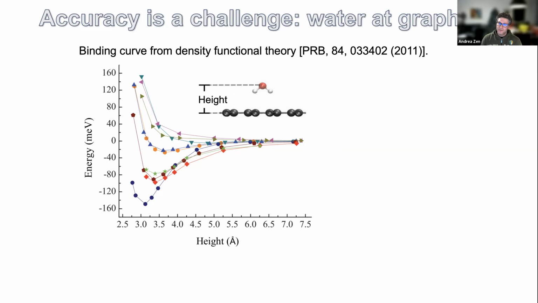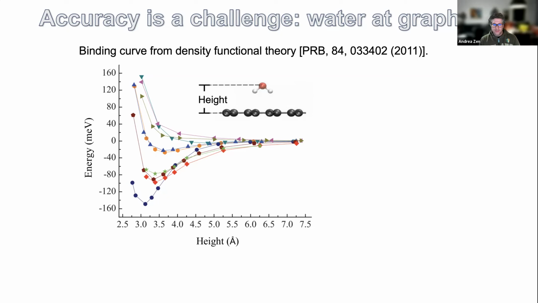And so I would like just to give the flavor of when it is needed, and what the implications are of not having the right accuracy, taking this simple example, which is the case of a water molecule adsorbed on a graphene sheet.